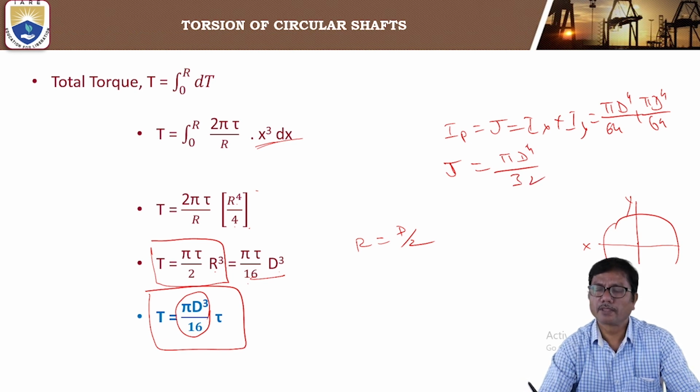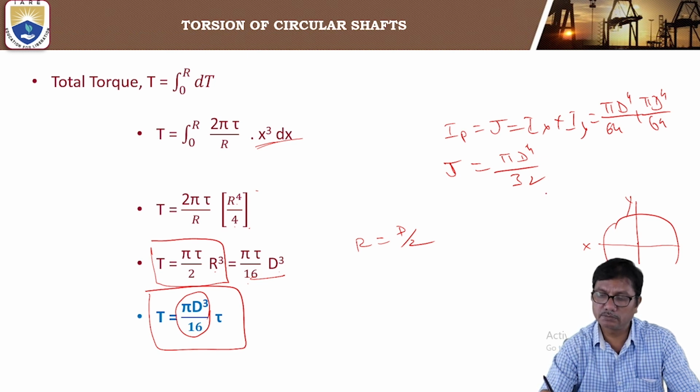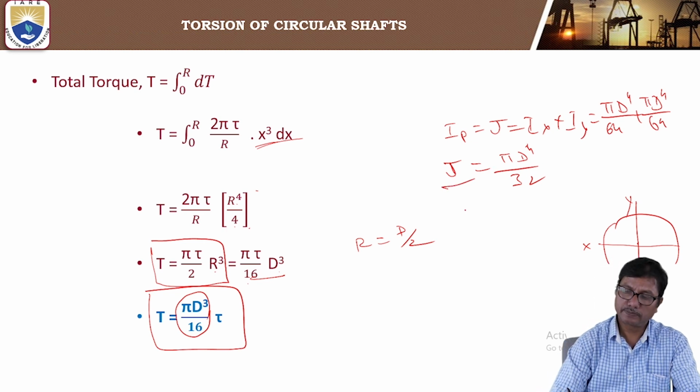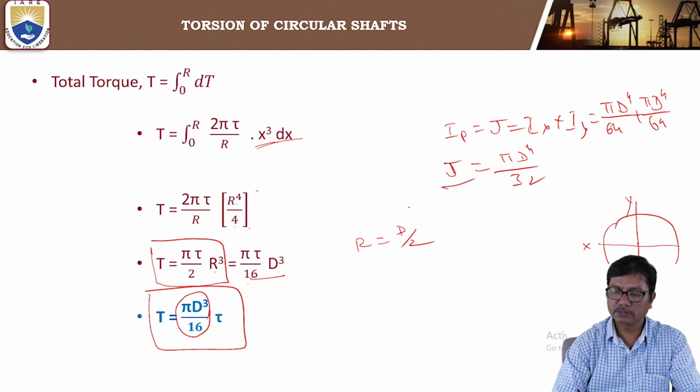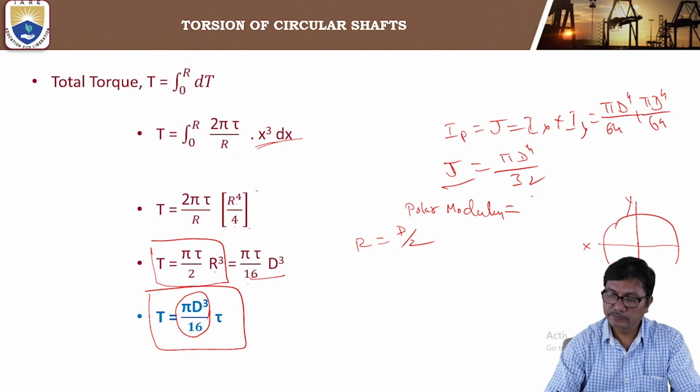Okay. And polar section modulus. Polar section modulus is Ip by r. Polar modulus is Ip by radial distance.